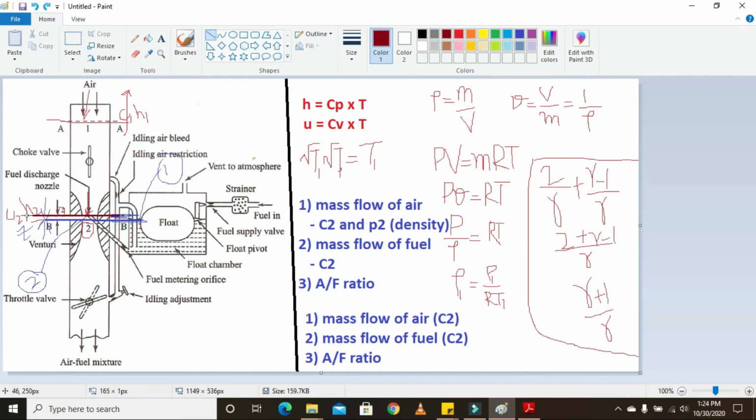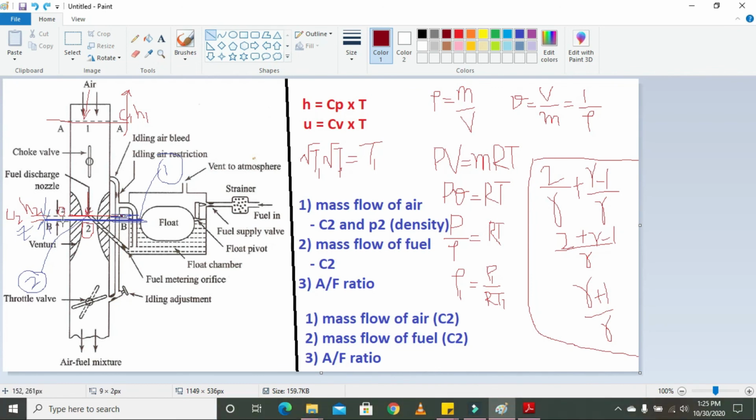This is the level of the fuel metering orifice, or the pipe from which the fuel is flowing into the venturi throat, when they are at same level. So Z would be 0.